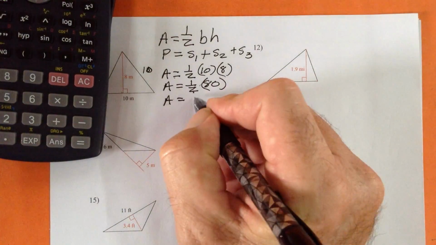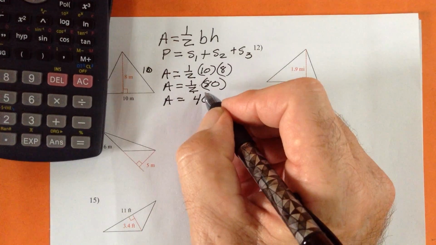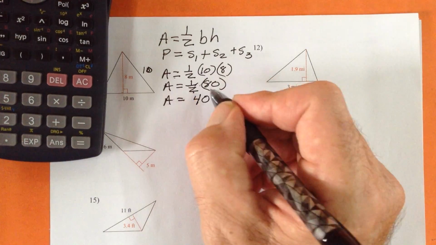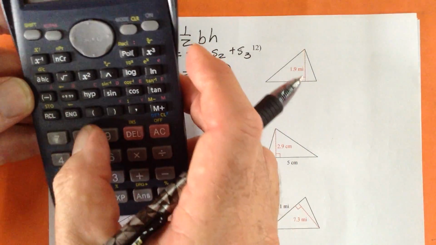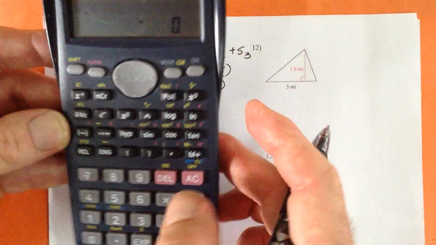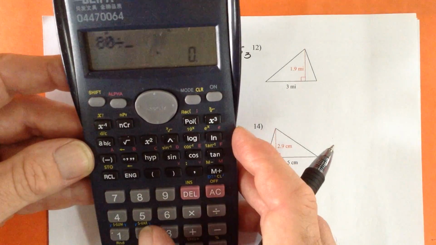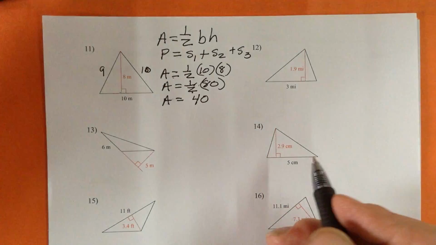Okay, so that would be 40. Or you can go 80 divided by 2, since this is the fraction here. So same thing here, if I go 80 divided by 2 equals, there's my 40 again.